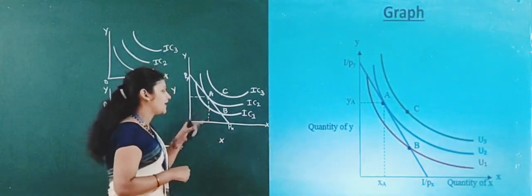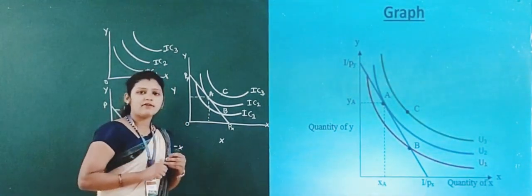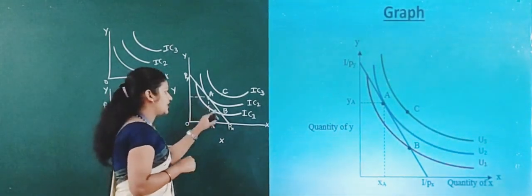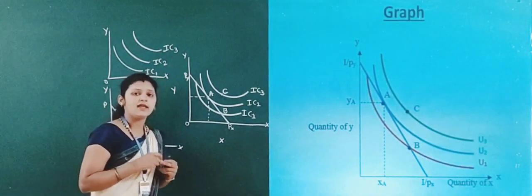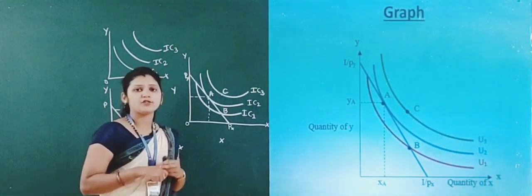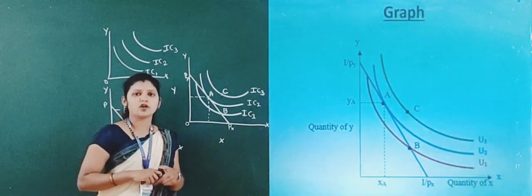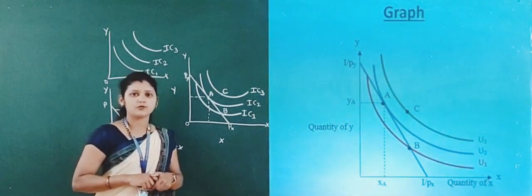From that he will get a higher level of satisfaction, and also this point lies on the budget line. Therefore, A is the optimal choice of the consumer, or the best choice made by the consumer.